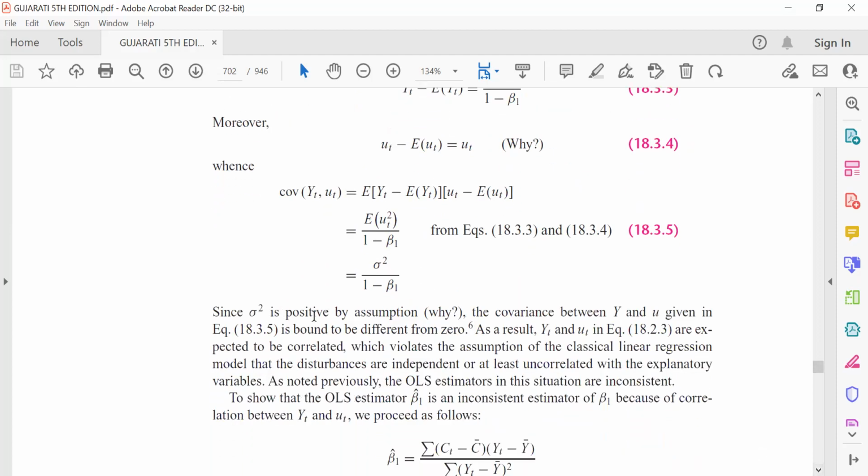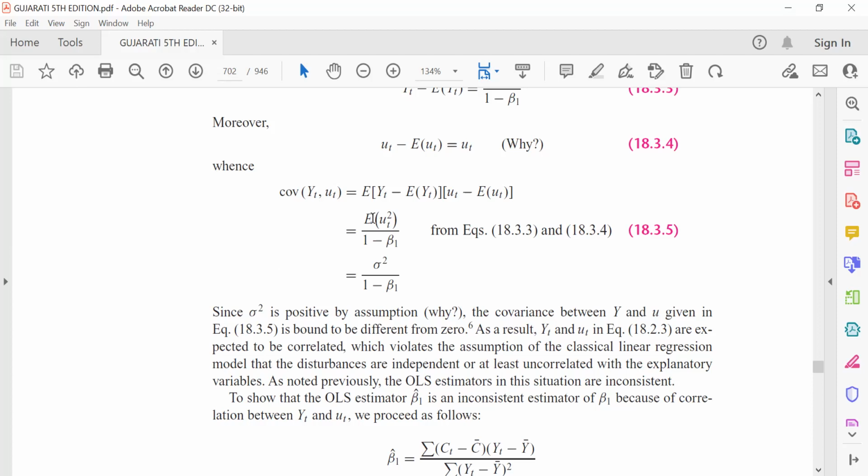Since variance is positive by assumption, because variance is a squared value, any negative value, if we take the square, becomes positive. The covariance between Y and mu, given in equation 18.35, is bound to be different from 0.